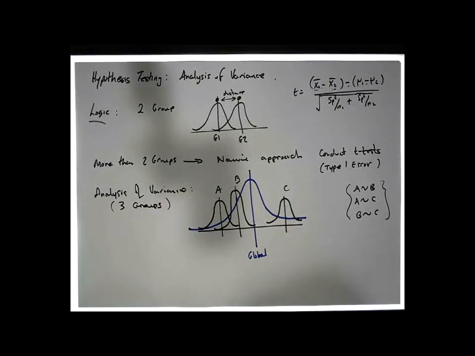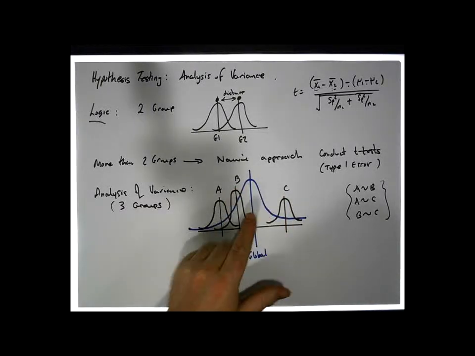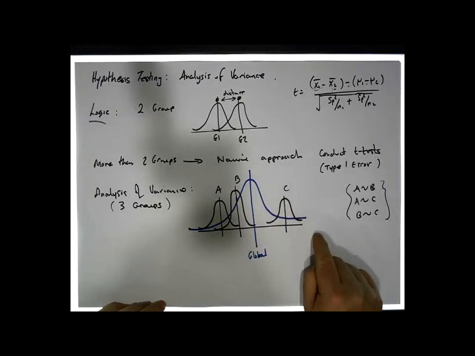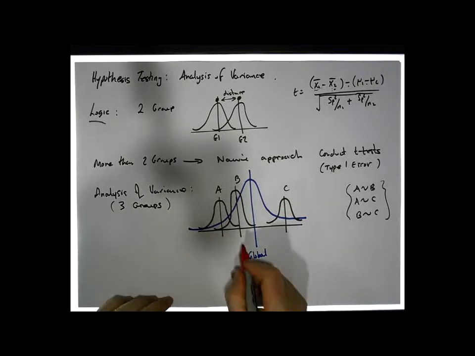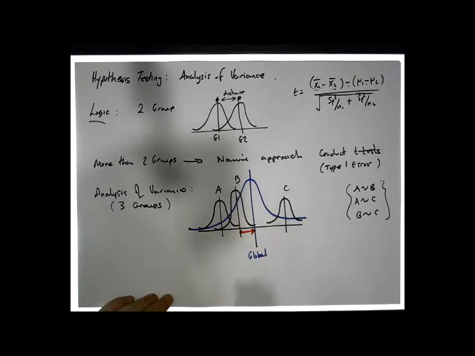Now we can measure distances. We can measure the distance that our individual groups are away from this global distribution, and importantly, the center of the global distribution. We could measure how far this distribution's center is from this center, how far this one is from its center, and how far this distribution is from the center of the global distribution.